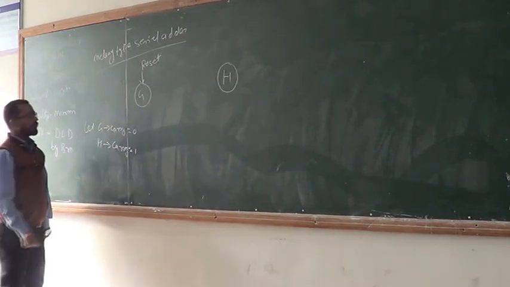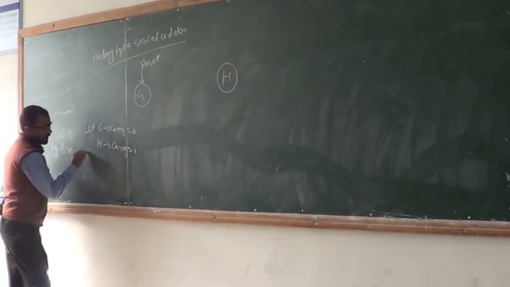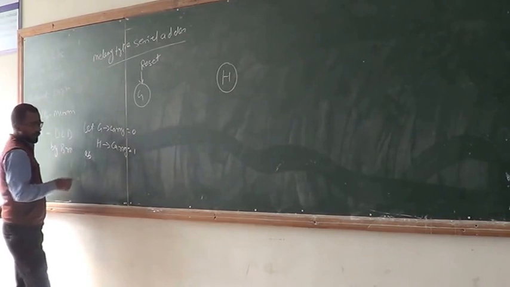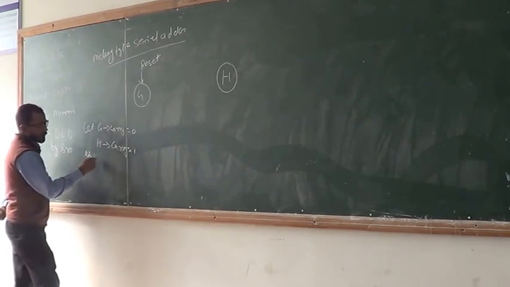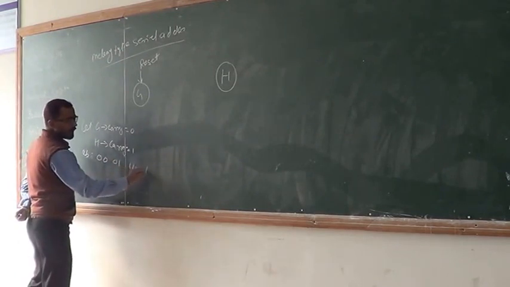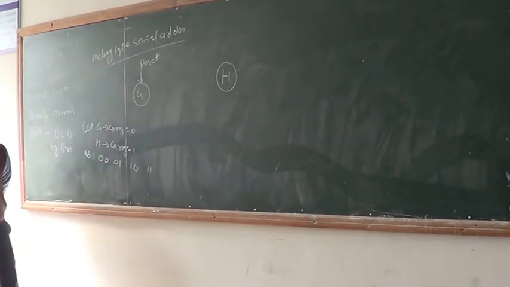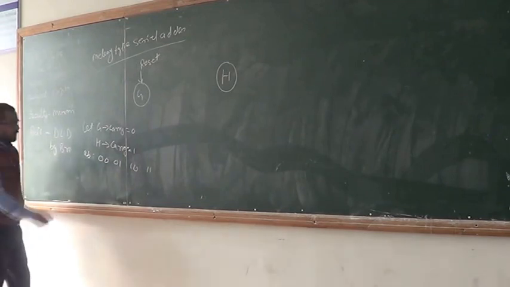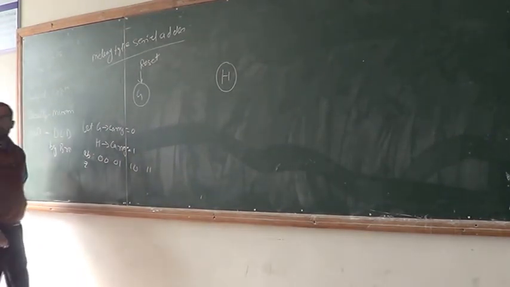Now the input we consider is AB, and the input may be 00, 01, 10 and 11. Okay, these are the inputs, and Z is the output.